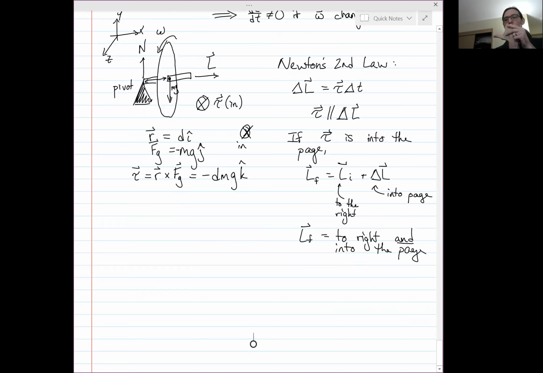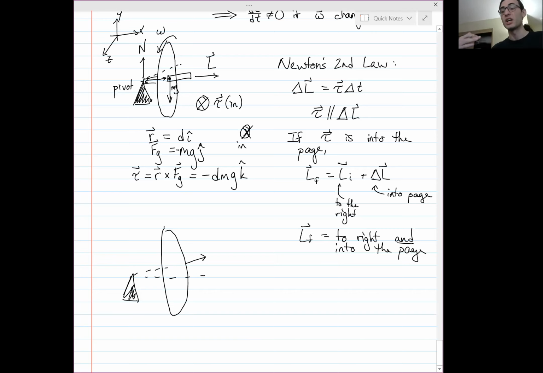Now, curling my hand into the page just a little bit, now we have angular velocity this way. So that means that the whole gyroscope has rotated. It's hard to draw. Maybe I'll draw another picture. So you had something like this, and now you have this picture. It's not tilted sideways, it's gone around a little bit.